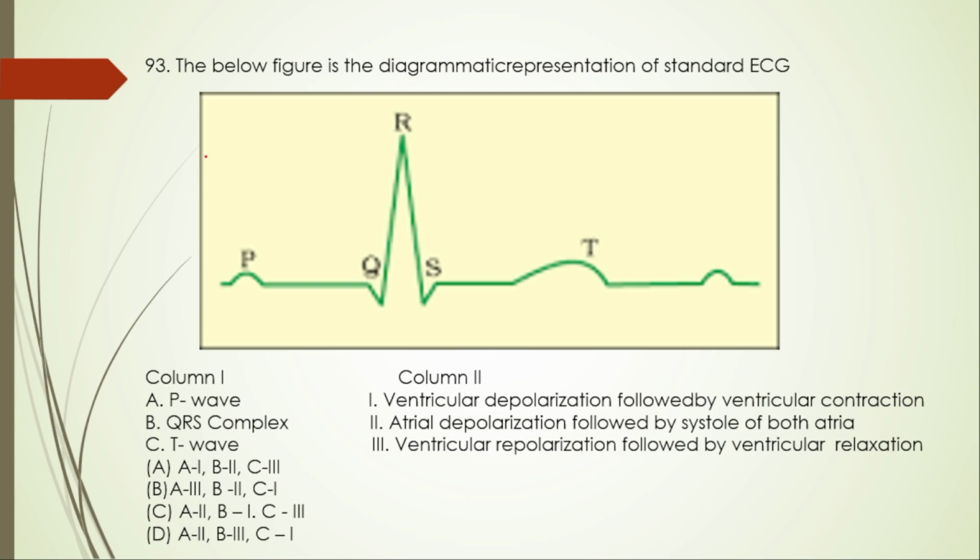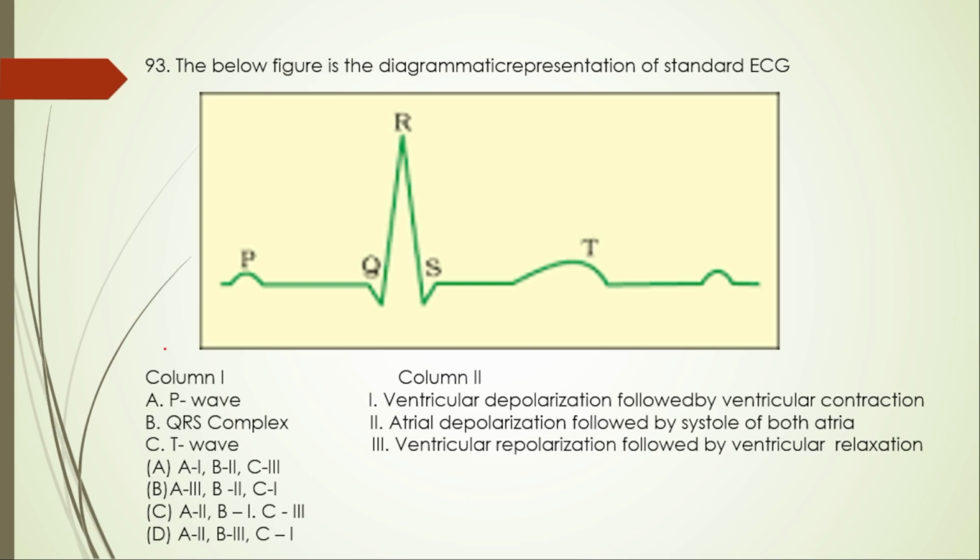Next question, that is 93rd question. The below figure is a diagrammatic representation of standard ECG: P, Q, R, S and then T. What do the P wave, QRS complex and T wave represent, he is asking.